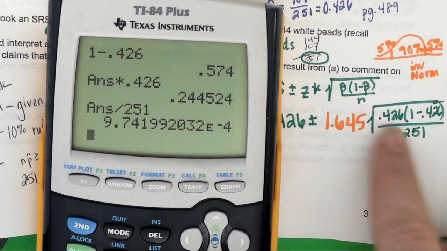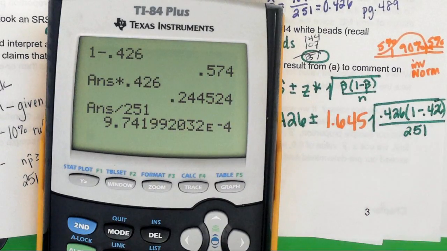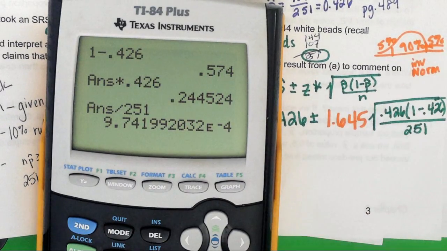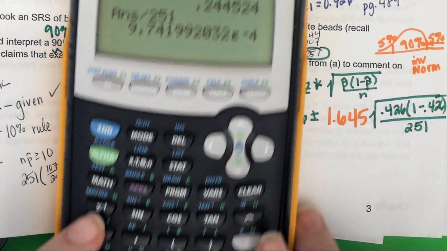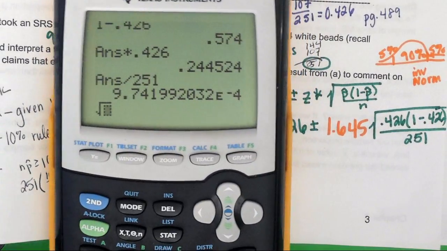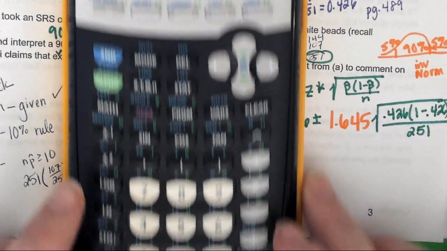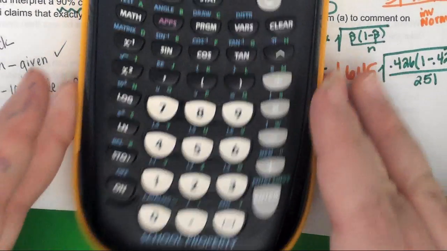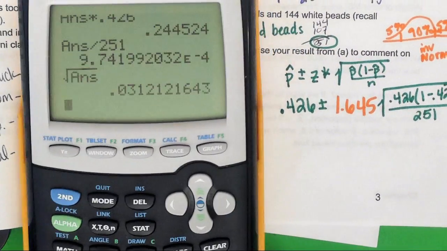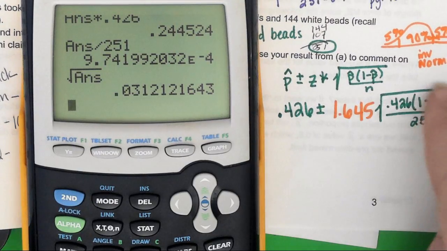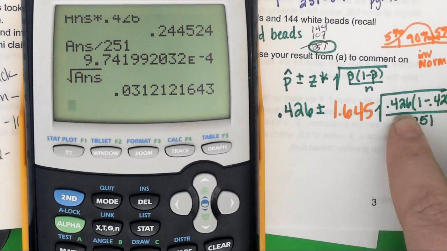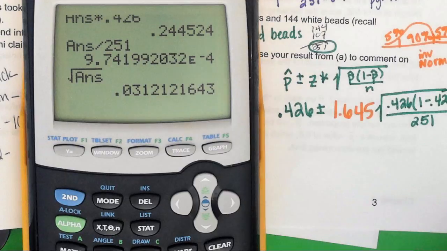I now know that entire fraction. I need to take the square root of that entire fraction. So second square root, second answer, which is normally down near the bottom.